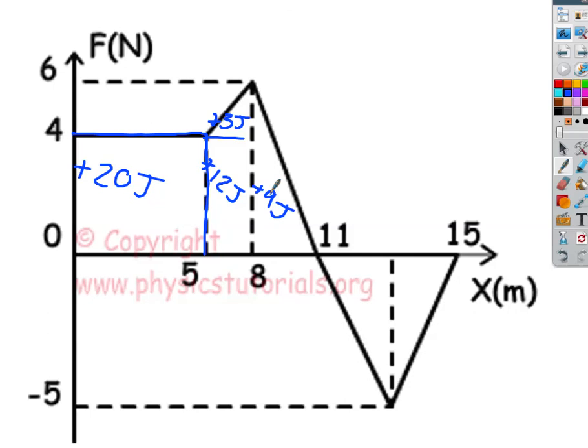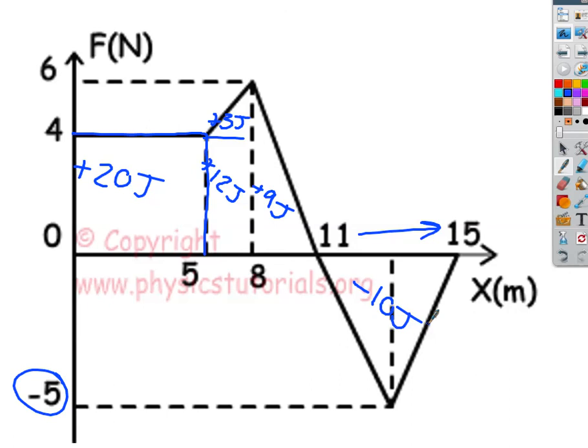But I'm not done. The force switches direction. Now I'm pushing the opposite direction of the motion, still moving forward, 11 to 15 meters, but now the force is backwards. So I can just calculate this whole triangle together. 4 times -5 is -20, times 1/2 is -10 joules done during that time.